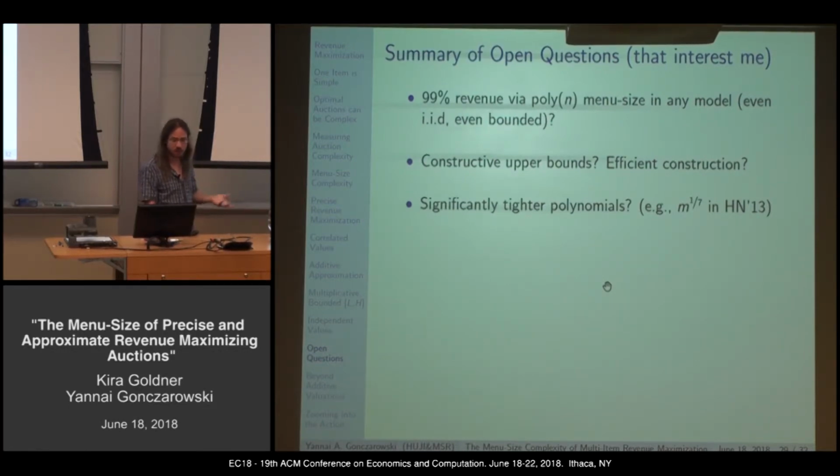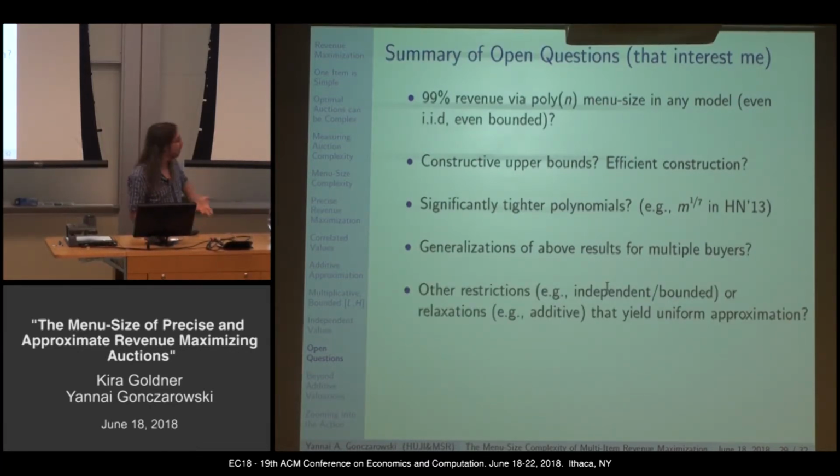So for some, m to the 1/6 may not be very interesting, but if someone could show that this is far closer to linear, it would probably be interesting. Generalizations of everything for multiple buyers, including even the definition of menu size. Other relaxations, that's the slide with the uniform convergence that we talked about.